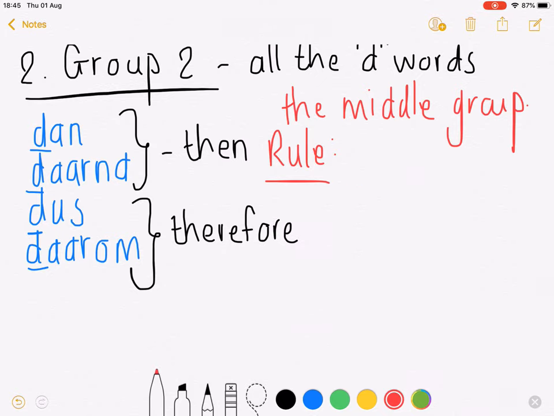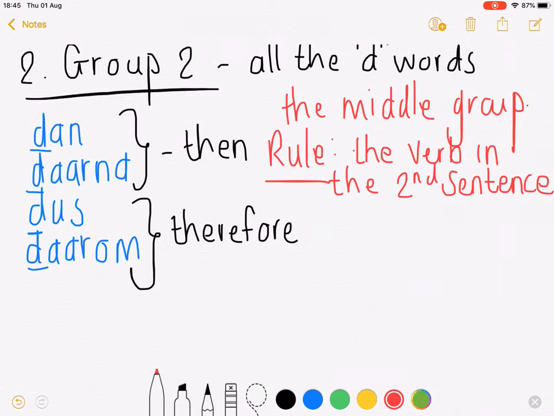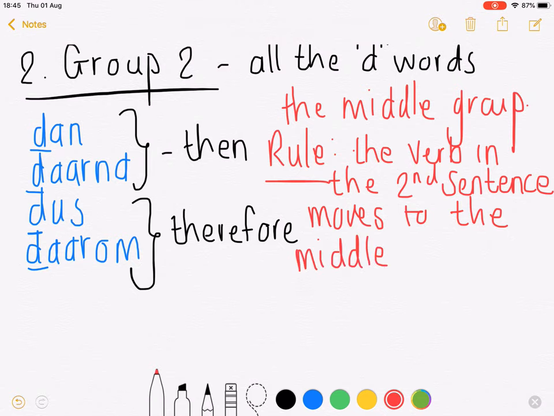Right. Because this group is in the middle, the verb in the second sentence moves to the middle after the conjunction.